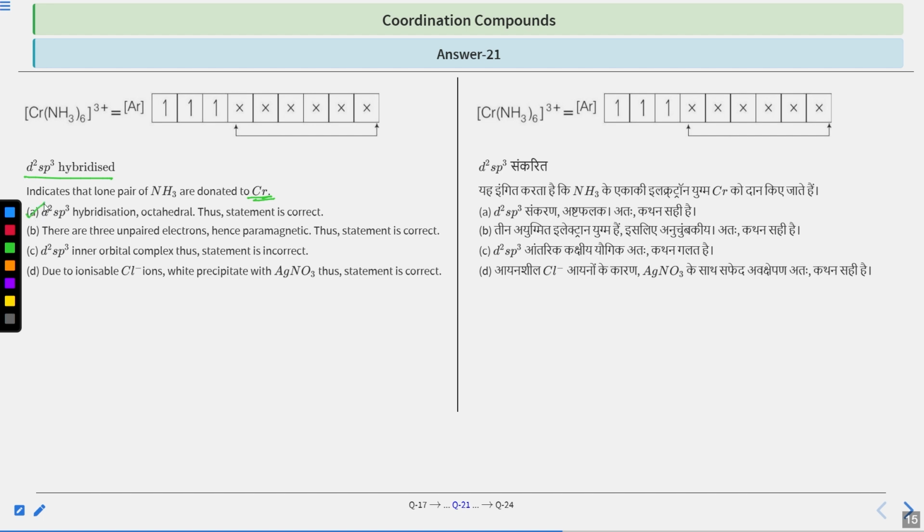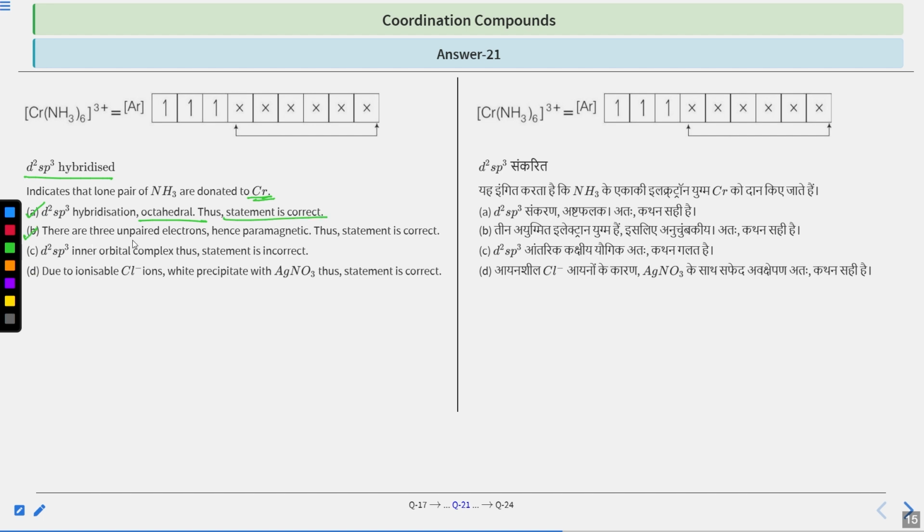So according to option A, d2sp3 hybridization means octahedral structure, which is shown by d2sp3 hybridized molecules. So this is correct. So the statement is correct.